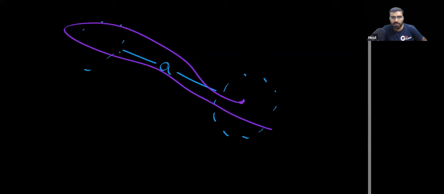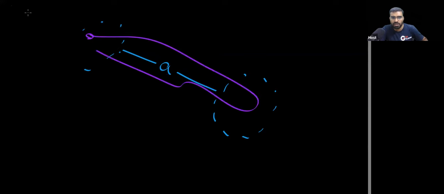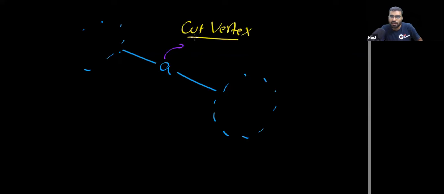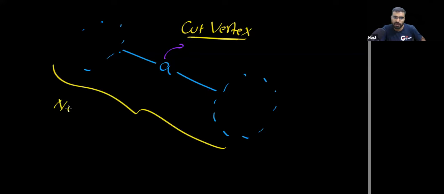In this situation, you cannot have a Hamiltonian cycle, because if you start here, you cannot come back. And if you start here, you cannot go to this area. So if this is a cut vertex, there is no Hamiltonian cycle.